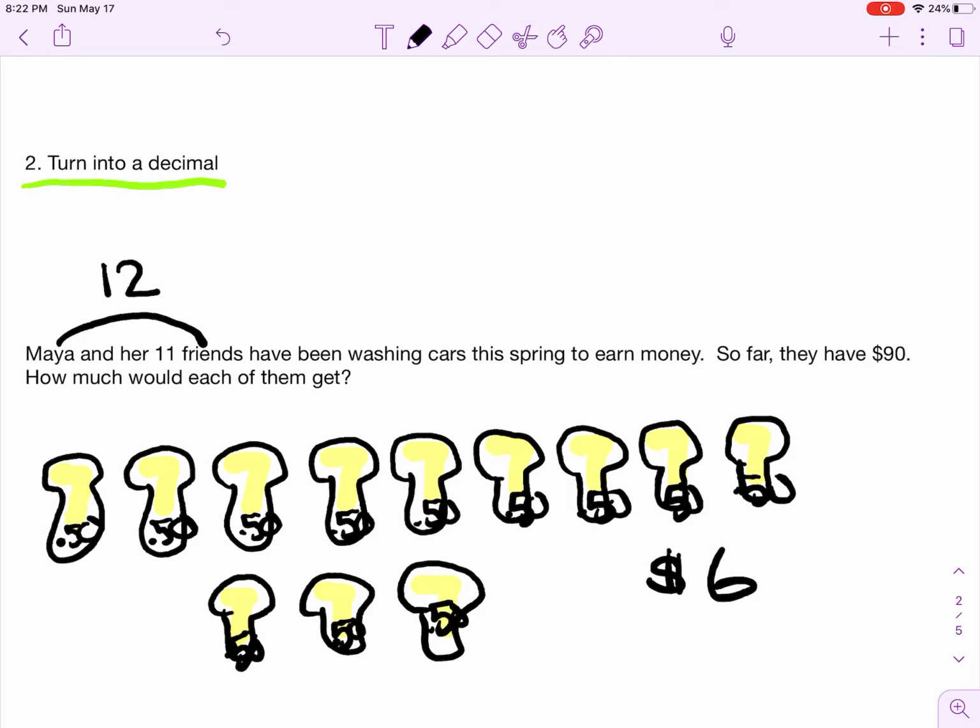So now each one of those students, Maya and her 11 friends, would have in their money bags $7.50. So our second strategy would be to turn the remainder, the additional or extra left over, into a decimal.